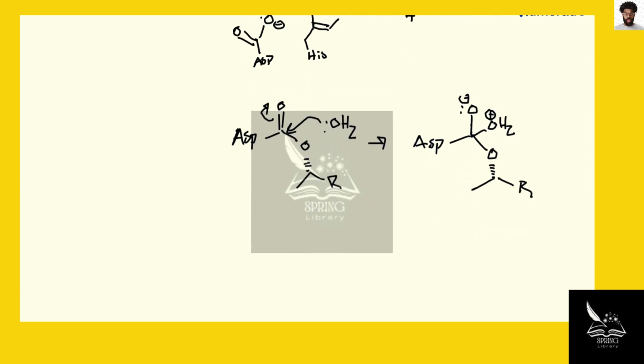Then you'd have a proton transfer of a proton from this oxonium ion. We could draw that explicitly here. Technically, it would be mediated by a second water molecule, but it's most frequently just abbreviated in this manner.